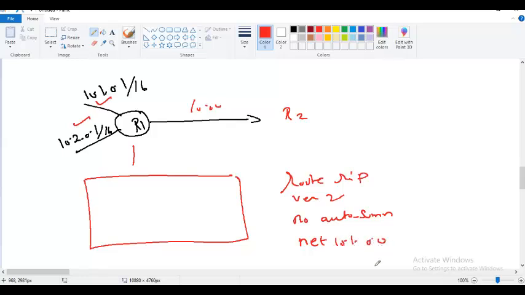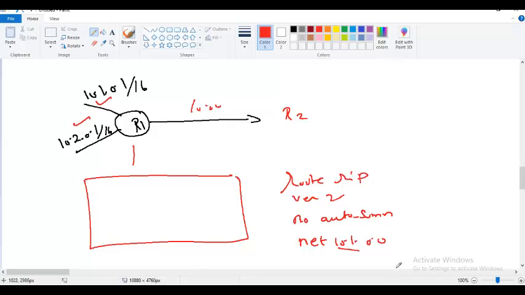Now, what about others? If you're confused, we are going to do this lab. Listen, I'm going to create some subnetted networks.